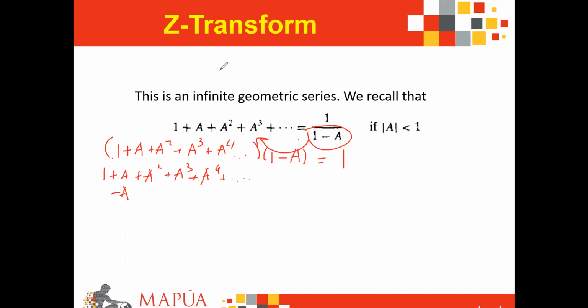Negative a times a, lalabas negative a squared. Negative a times a squared, lalabas negative a cubed. Tama? Negative a times a cubed, lalabas negative a raised to 4. Di ba? O, pag inadd ko yan, magka-cancel to. Ano matitira sa'yo? 1. Equal sa 1. O, di ba?